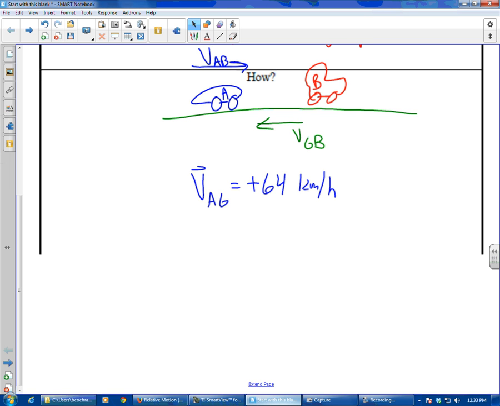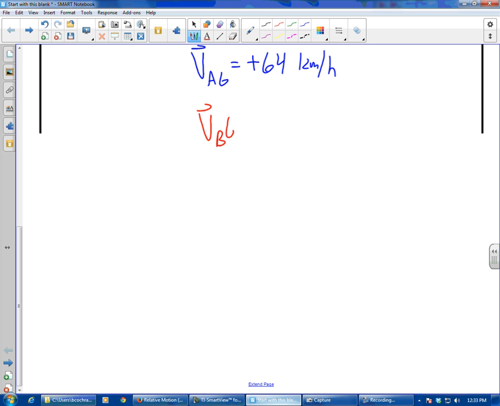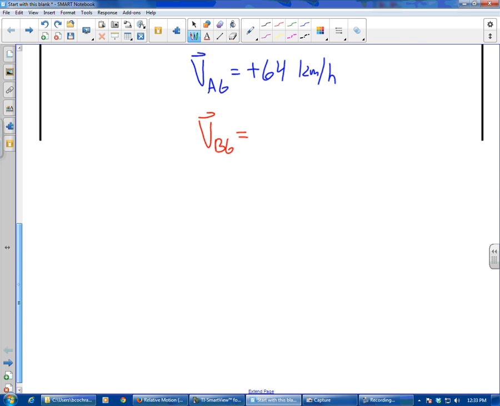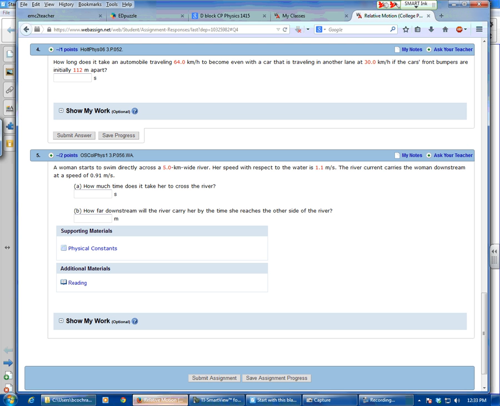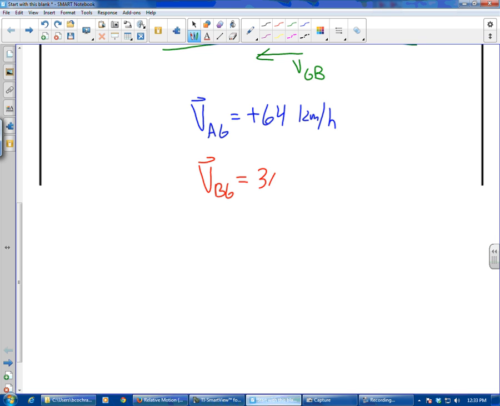Then I'm given the velocity of B with respect to the ground, and that is positive 30 kilometers an hour.